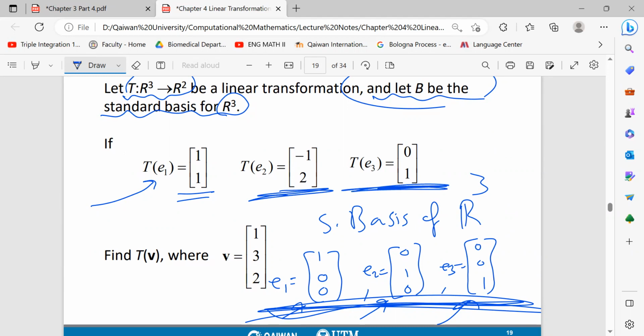T of E3 is this. These are the images of E1, E2, E3, okay? It says find T of V, where V is this. We need to find the image of this vector.